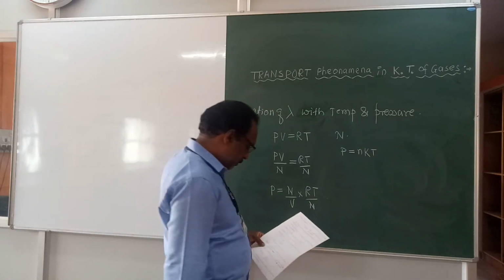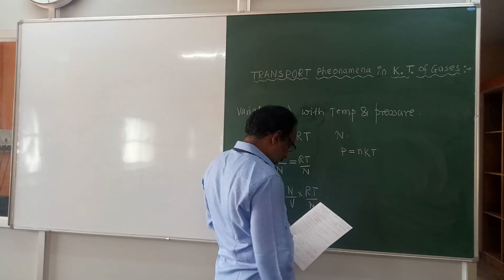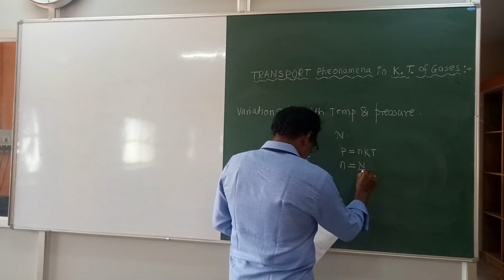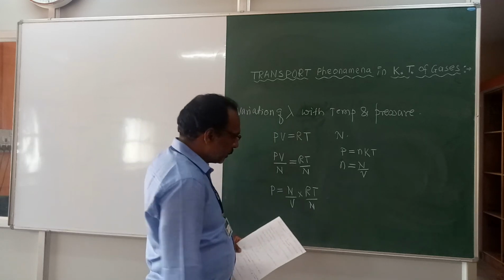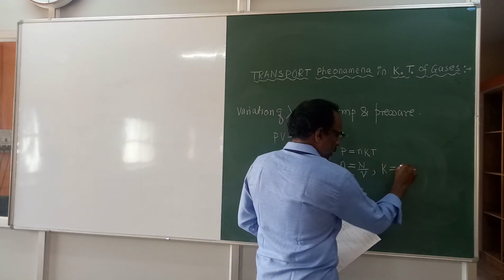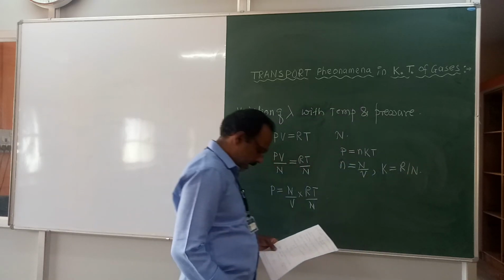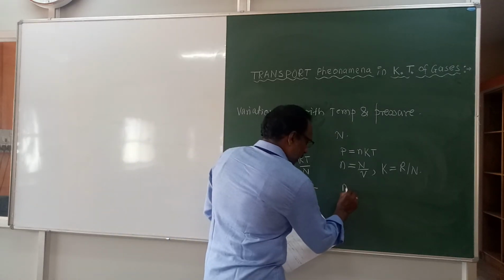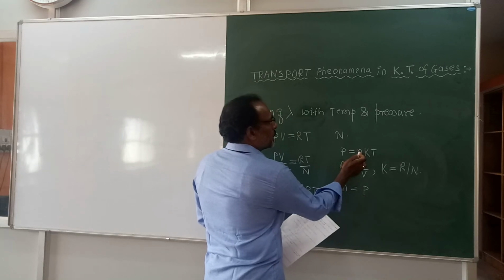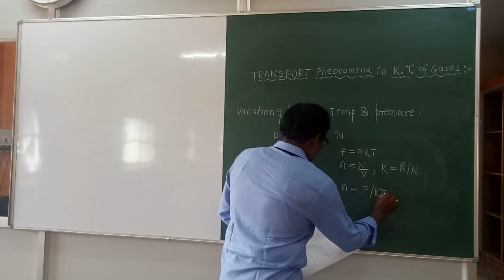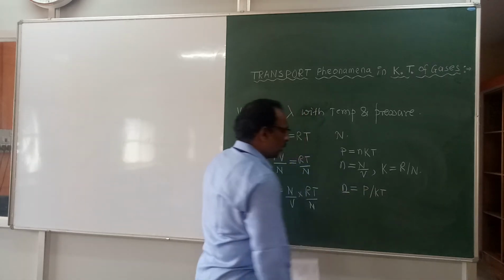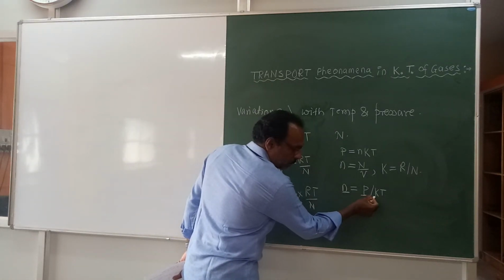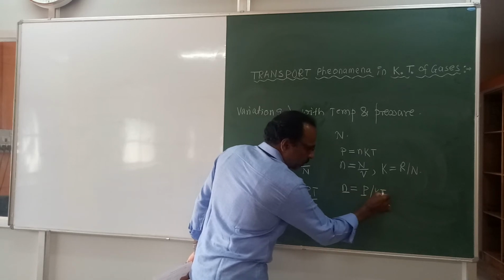This n is equal to capital N per unit volume V. We know the Boltzmann constant K is equal to R by N. We have used this in earlier discussion. So let me write n is equal to P by KT. Let us substitute this n, the number of molecules per unit volume, in terms of pressure, Boltzmann constant, and absolute temperature.